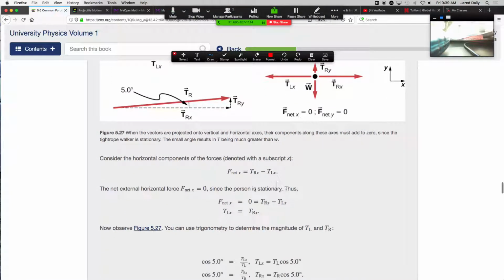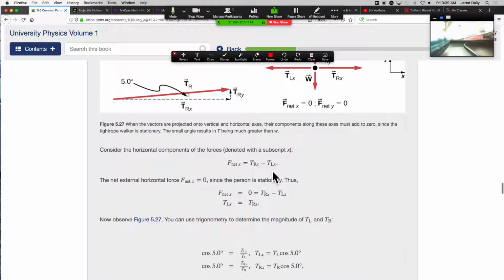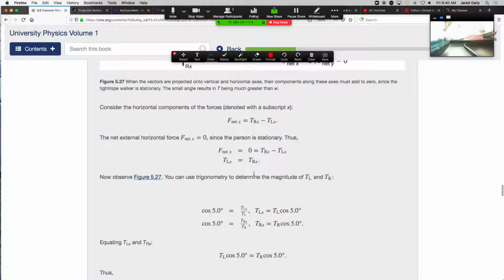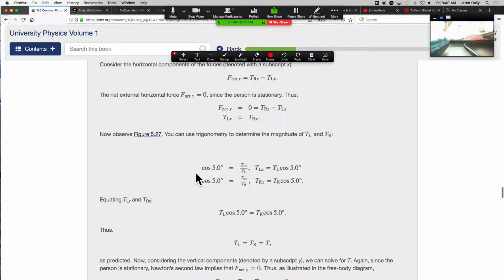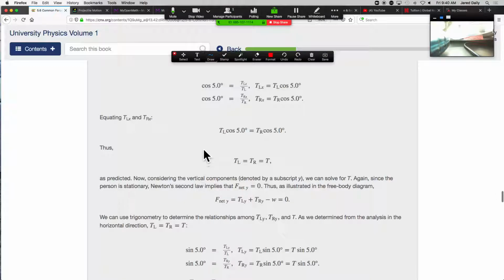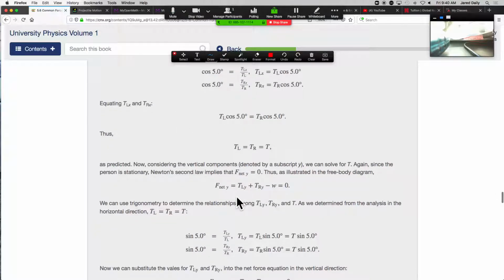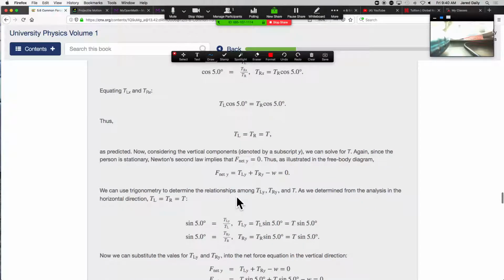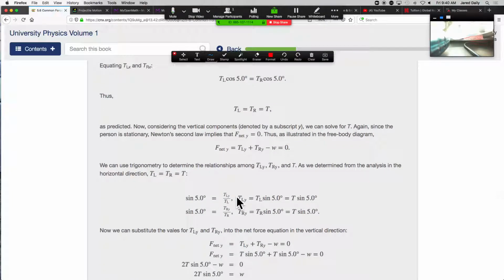They have, here's your net tension in the x direction. That's the left and right tension right there. You have your net tension in the y direction, which they solve here, and then they solve these equations using some ratios to solve for the actual tension of the rope.